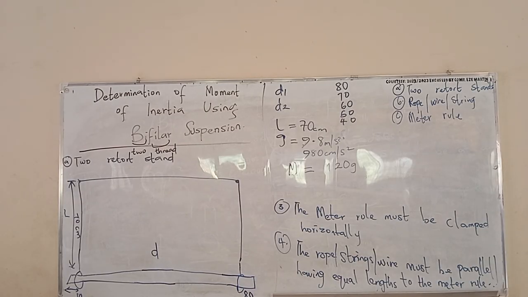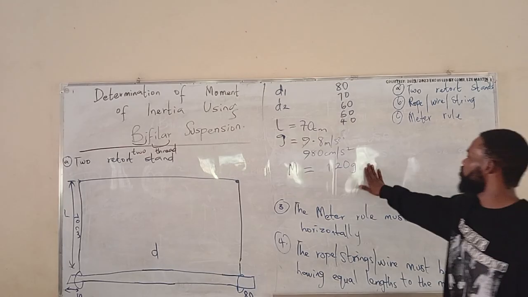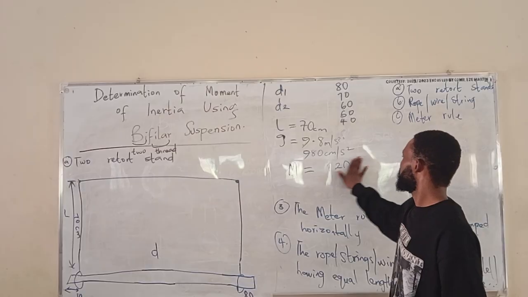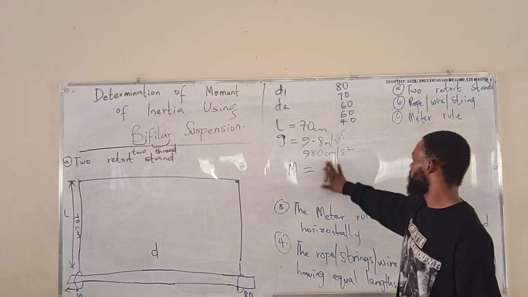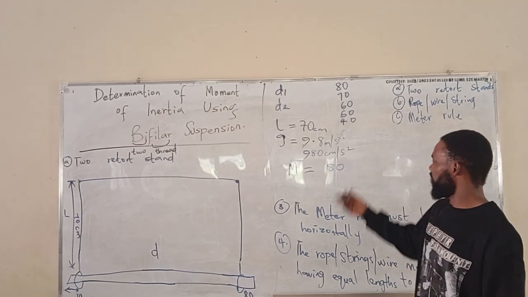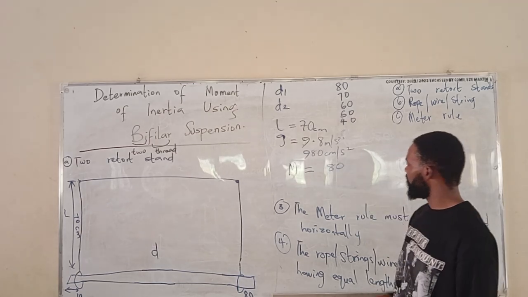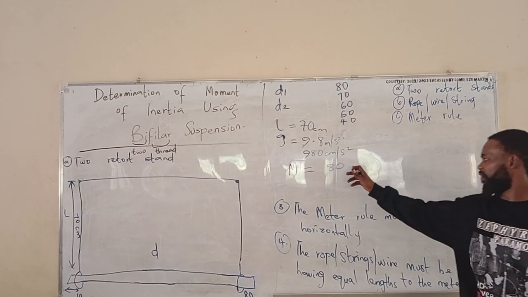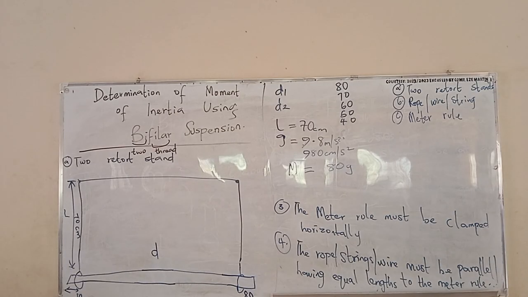Okay, you're saying 100. I think, please be sure, verify. Let it not be that they are using the measurement. I know that meter rule is 100 centimeters. Let it not be that they are using the meter for the gram. My mind is telling me to use 80 because in so many of the practicals, so please, if it's not 100 on your own, no problem. But we use 80 for the sake of old-time knowledge and experience.